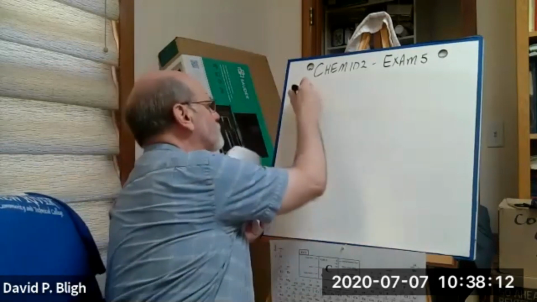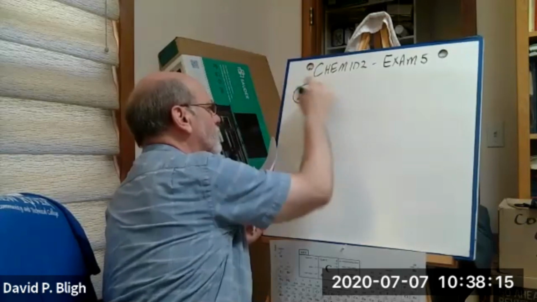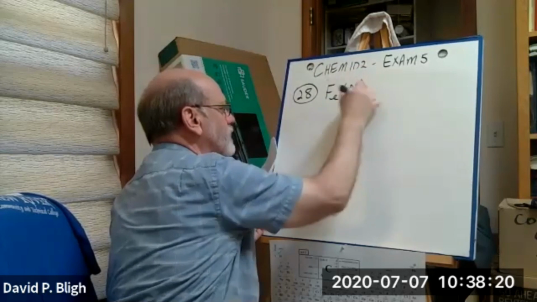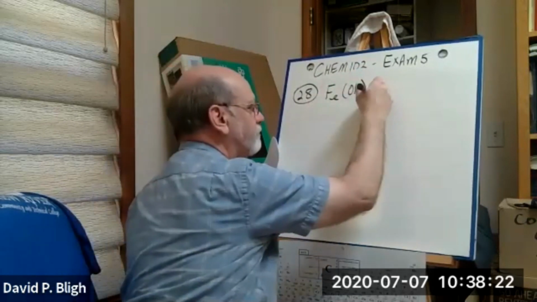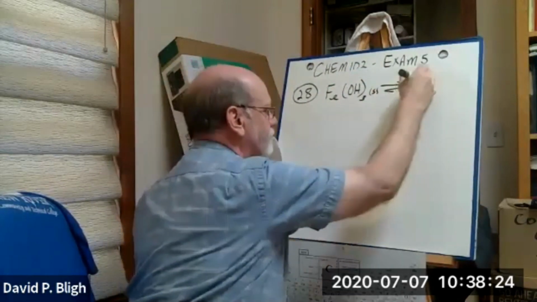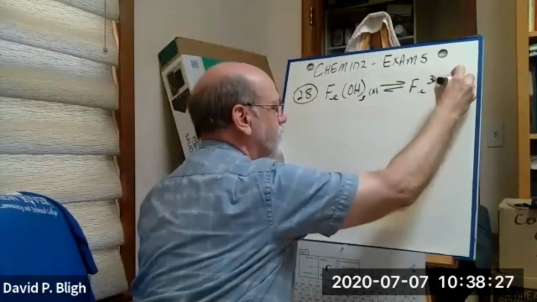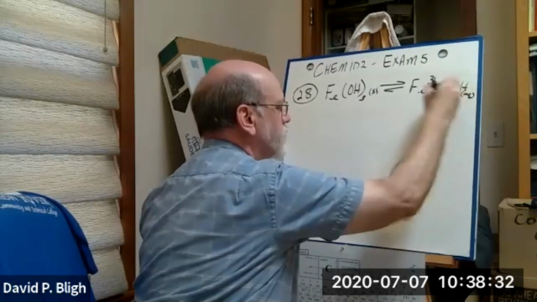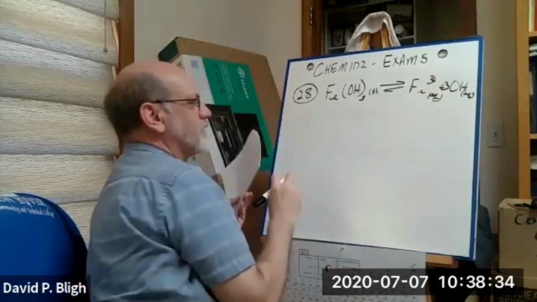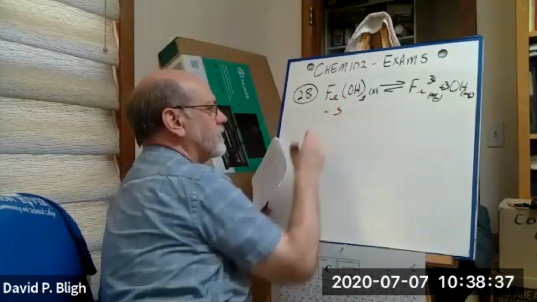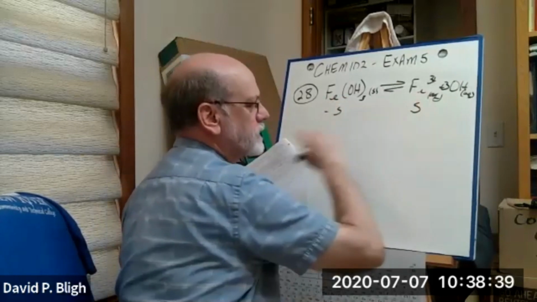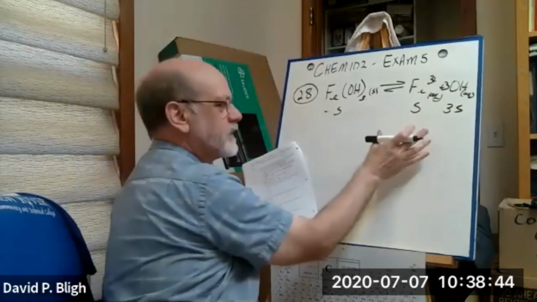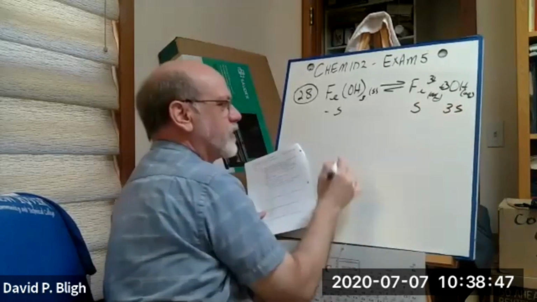Let's do that one. Iron 3 hydroxide, right? Hydroxide 3. Aqueous, aqueous. If solubility is here, then this would be one of those, and this would be 3 of those, right? Then the solubility product would be this times that to the 3rd power.